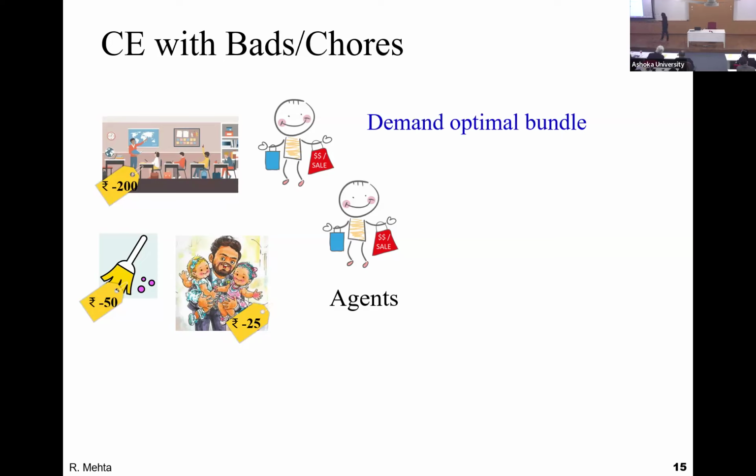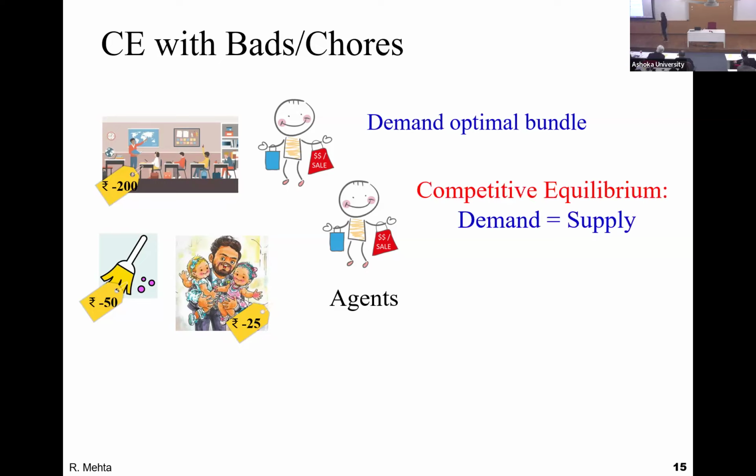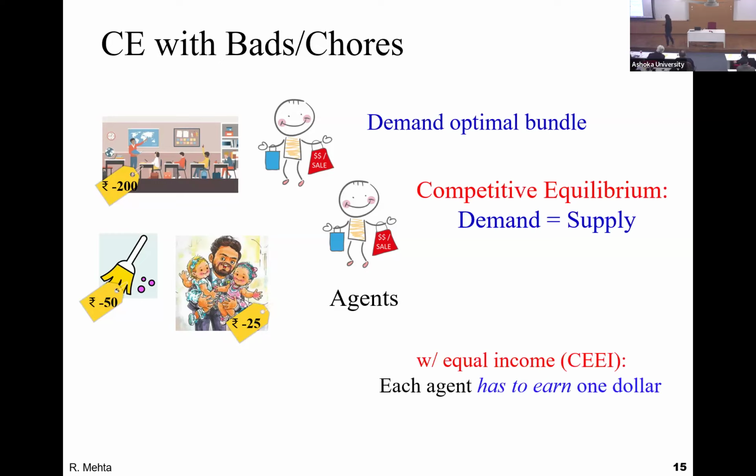Based on their earning requirement and the payments that we set, they will demand the optimal bundle. Demand equals supply is competitive equilibrium, the exact same notion, the money flow has just reversed. And we can again define competitive equilibrium with equal income, where everybody has to earn the exact same amount.